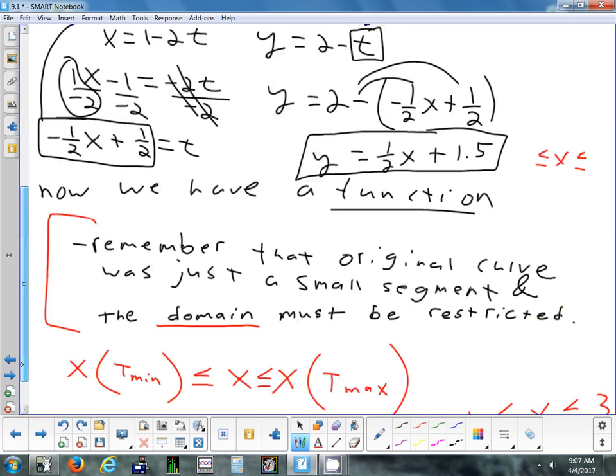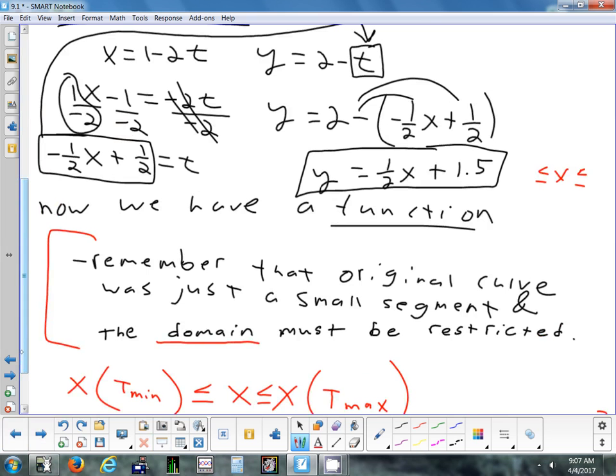So the full answer, if you were converting this to a function, would be to write this, and what I have in the black box next to it. Okay, that's the formula. So the domain must be restricted. You have to write down the restriction.